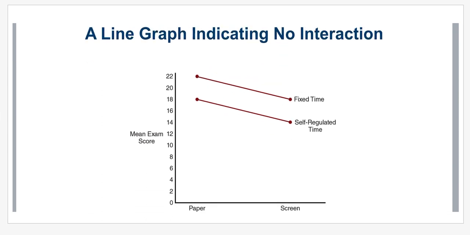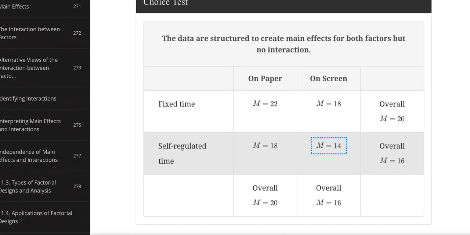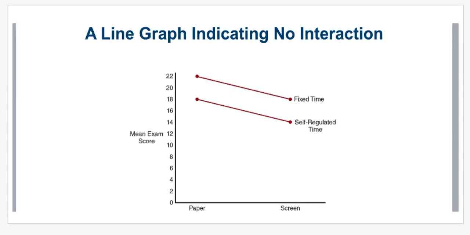This line graph lines up with table 11.2, where there were main effects but no interaction. You can see the fixed time line is the top line and the self-regulated time is the bottom line.